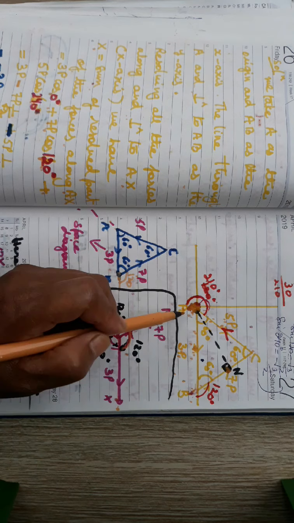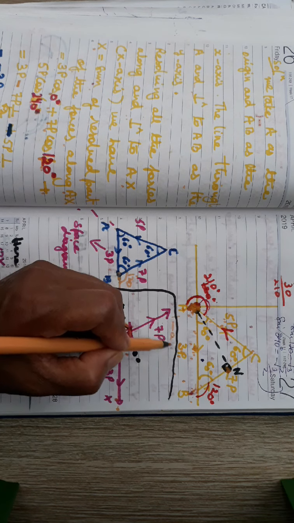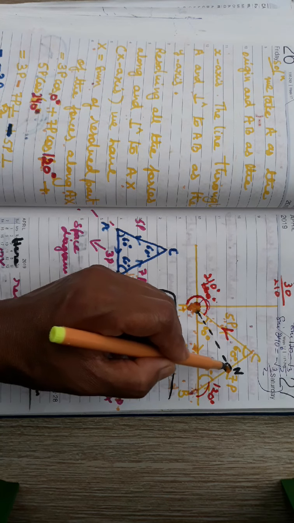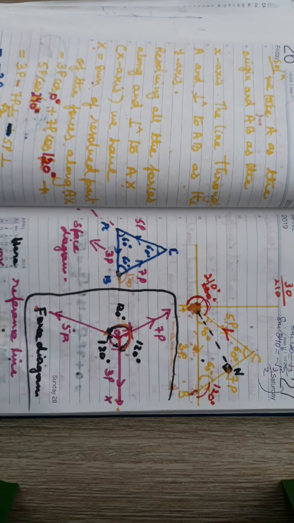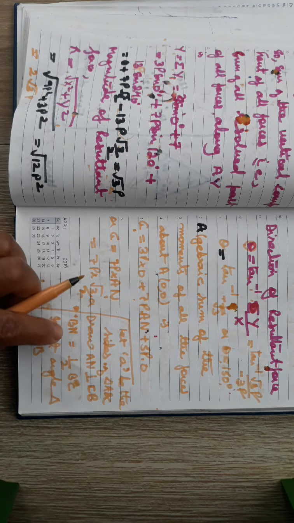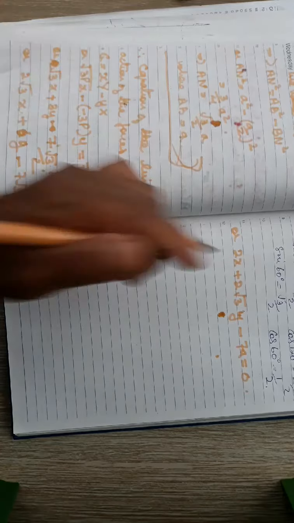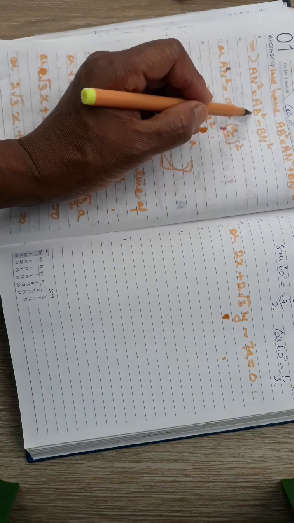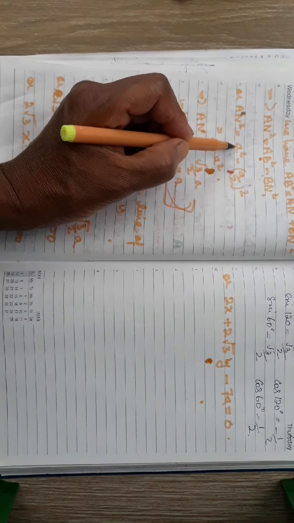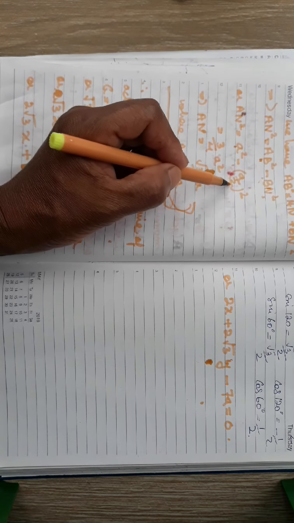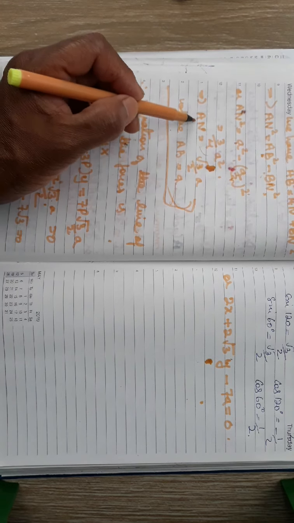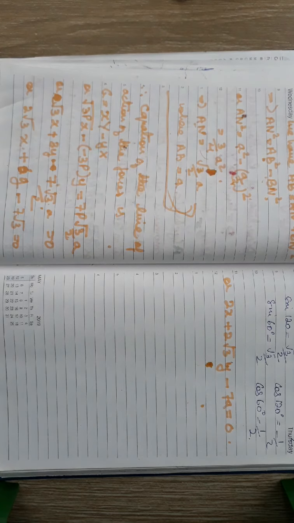Let us denote the length of this side of the equilateral triangle to be a. BN is equal to half of BC. So AN square is equal to AB square minus BN square, which is a square minus a by 2 the whole square. So this gives AN is equal to root 3 by 2 into a.